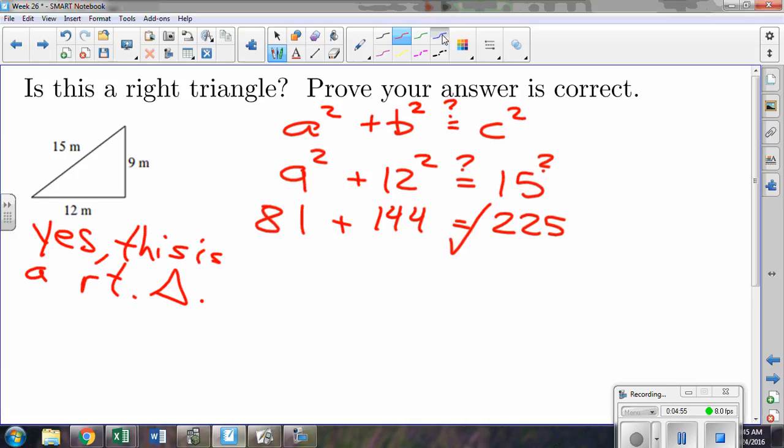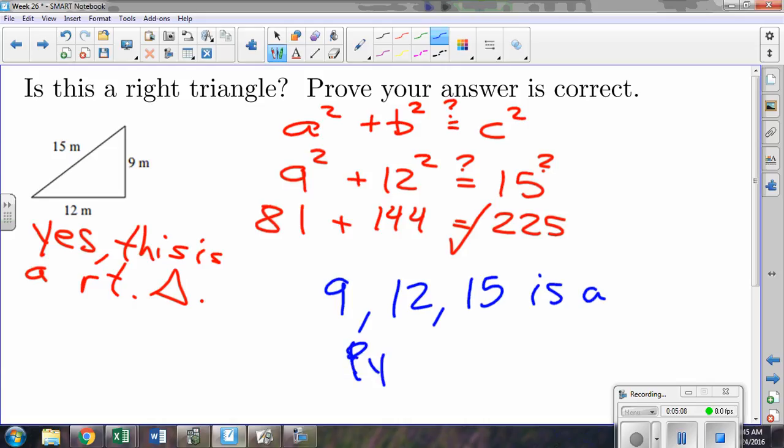Just based on some vocabulary as well, please notice that this tells us 9, 12, and 15 is called a Pythagorean triple.